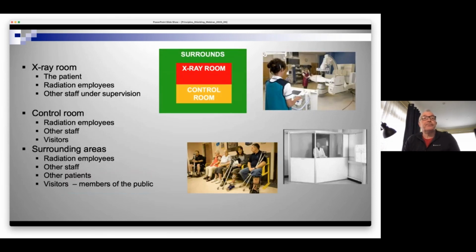Okay, so here are the three environments that we're interested in: the X-ray room, the X-ray control room, and the surrounding area, which may contain patients, other workers, and so on. Visitors, members of the public.